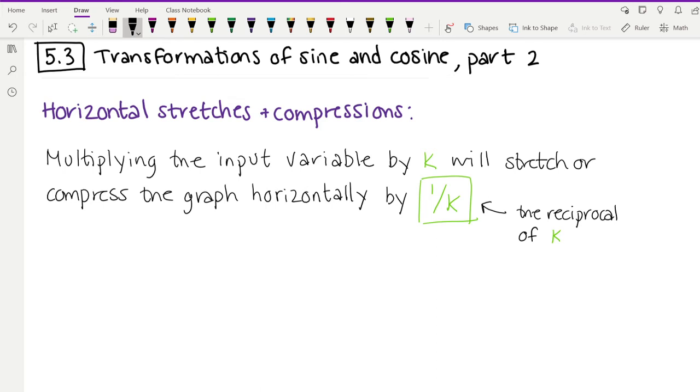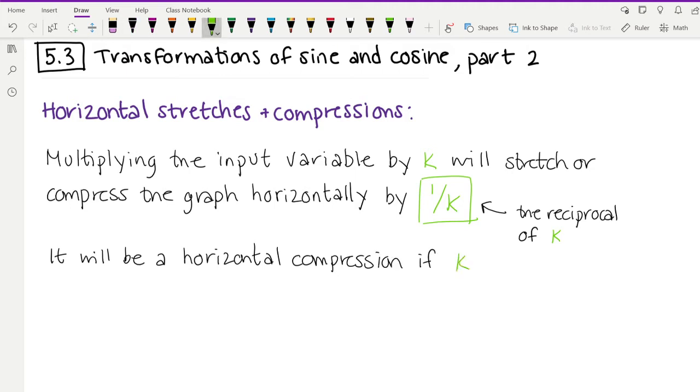Just to add a little bit more to this, basically the transformation will be a horizontal compression if that number k is greater than 1, and it will be a horizontal stretch if that number k is less than 1.